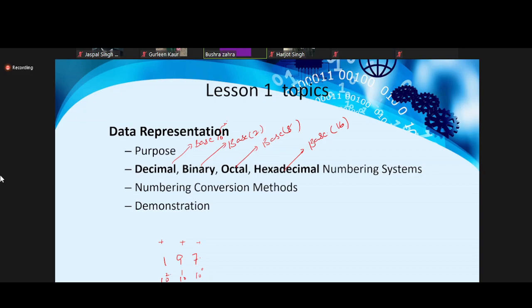So you multiply 1 by 10 raised to the power 2, plus 9 multiplied by 10 raised to the power 1, plus 7 multiplied by 10 raised to the power 0. This is how you work in the decimal system, correct? Yes, ma'am. So that's a quick review.